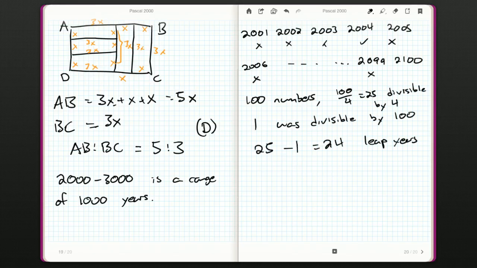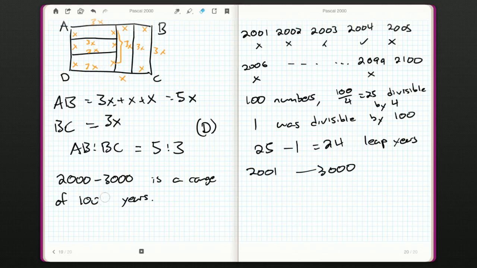Now we can apply this on a much grander scale. So from 2001 all the way up to 3000, how many leap years did we have? Well, this is a range of 1,000 numbers.